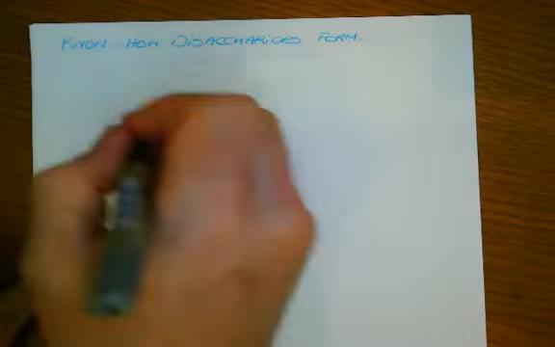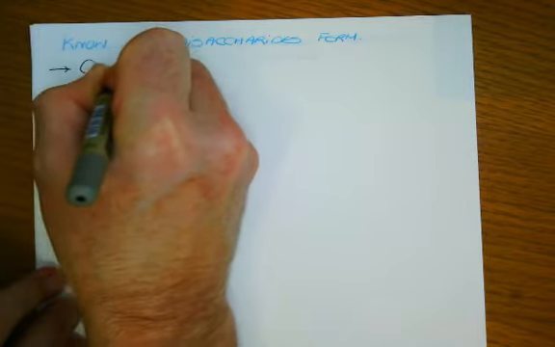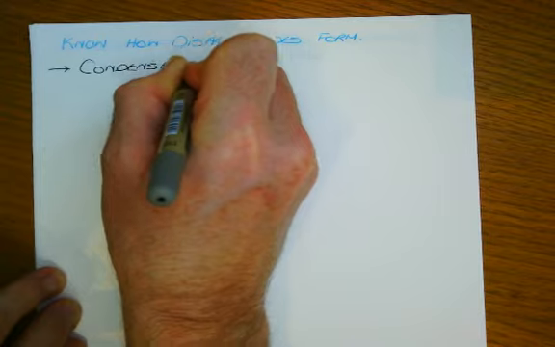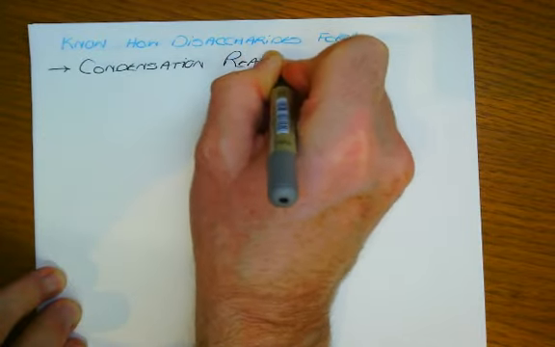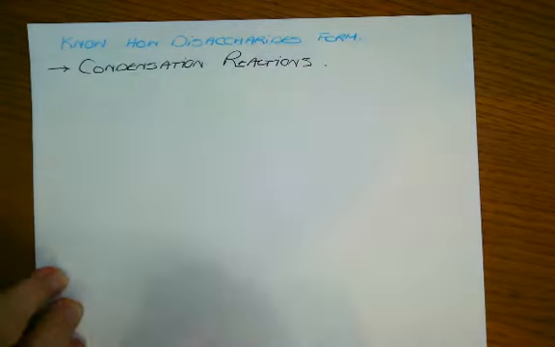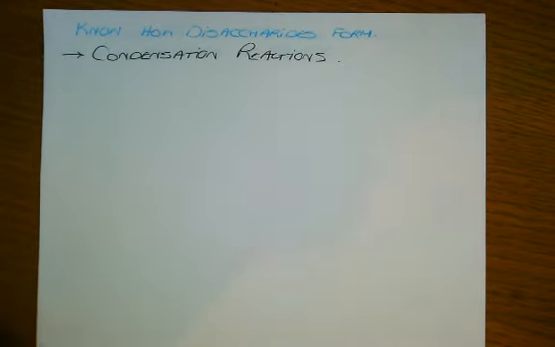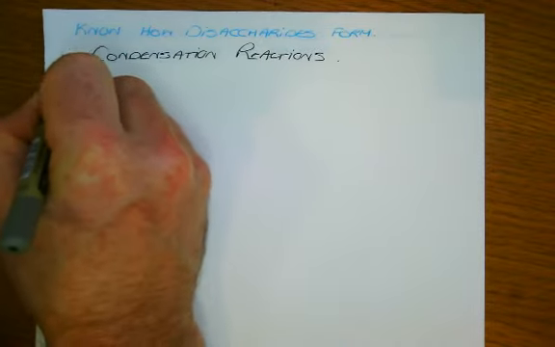Now, moving on, the next important thing to know is how disaccharides form. So disaccharides form because of condensation reactions. That's a chemical reaction where a water molecule is produced.